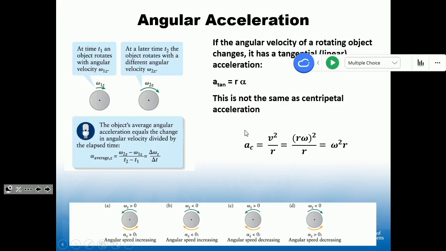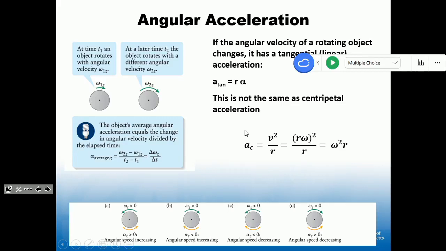And we said centripetal acceleration is v squared over r. Now we know that v is related to omega. We can relate v, the speed with which it's moving in that circle, to the angular velocity. If we substitute v equals r omega into the expression for centripetal acceleration, we get another expression, which is omega squared r.